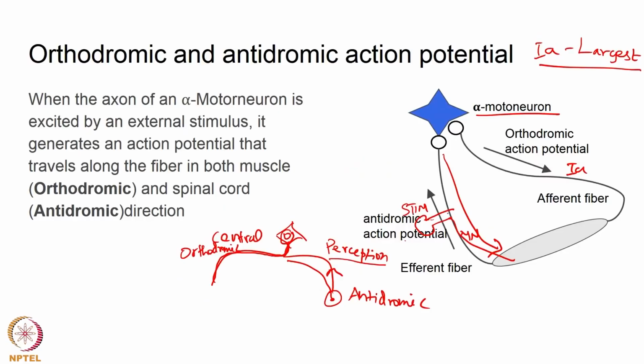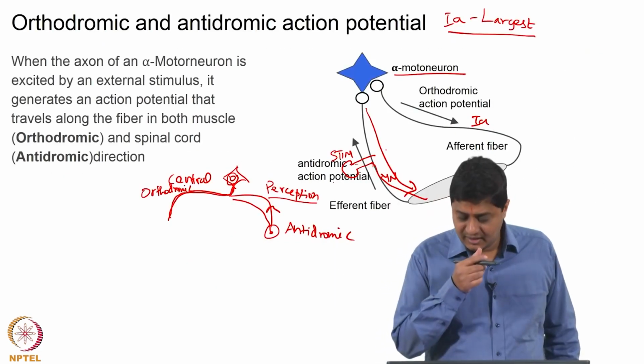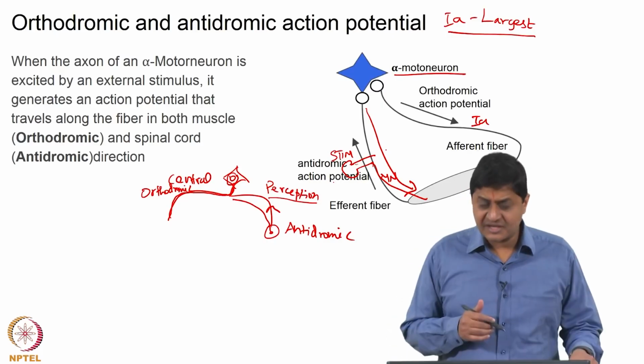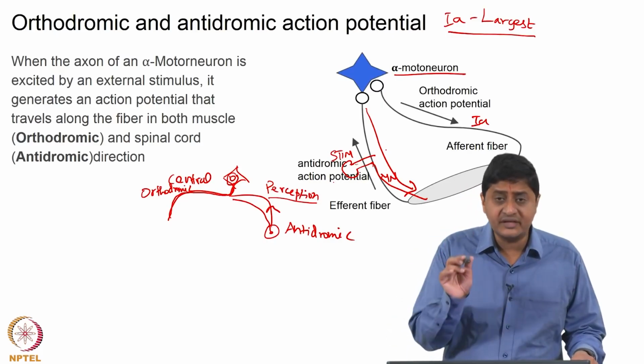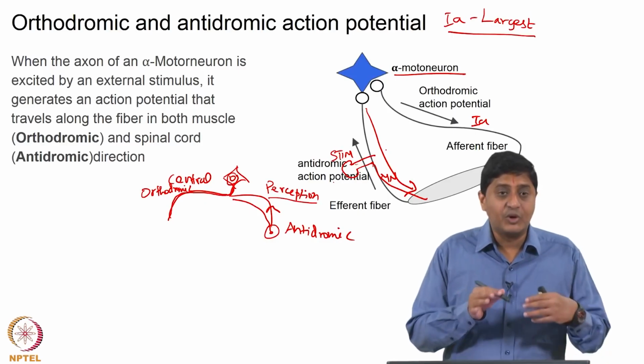So, it is getting stimulated in the middle of the axon. We said early on when we discussed action potential propagation that if you stimulate a neuron in the middle, the action potential will travel in both directions.